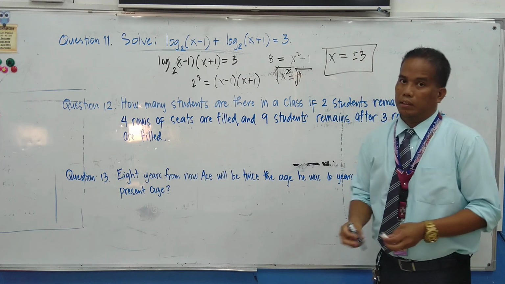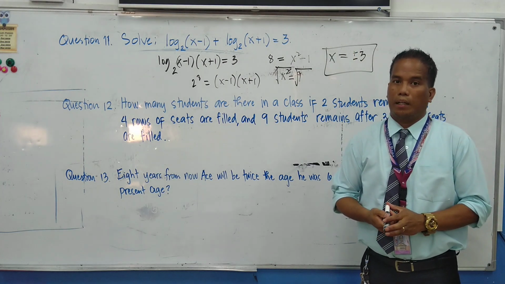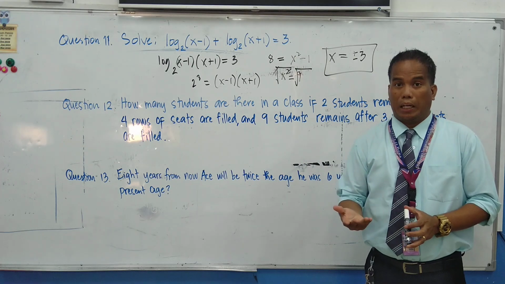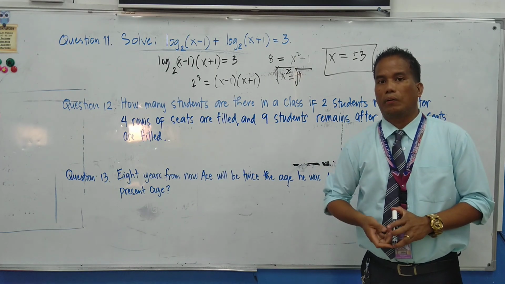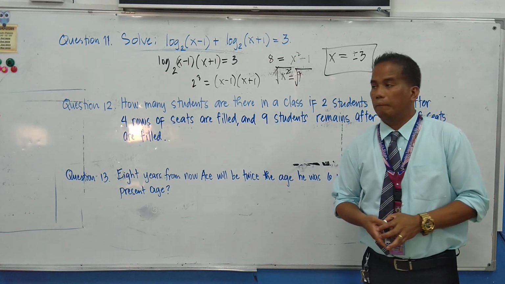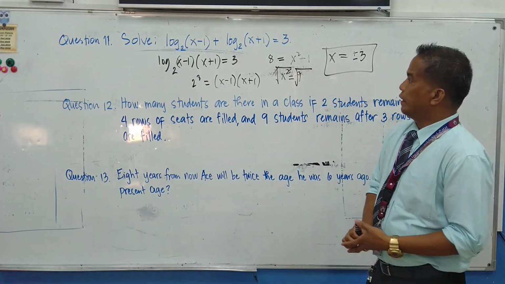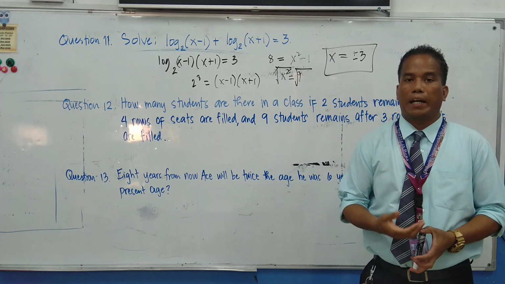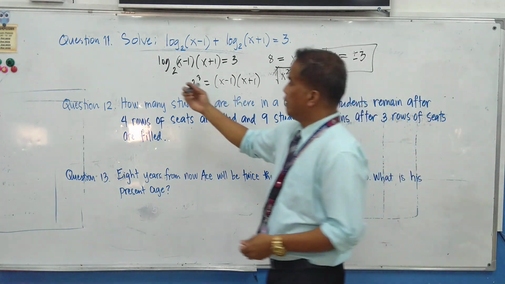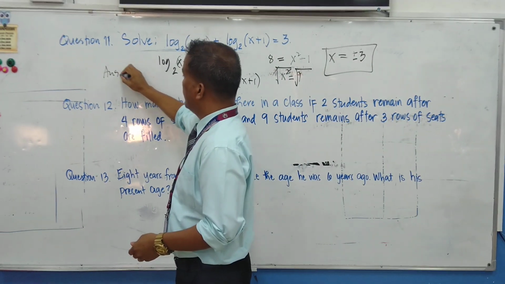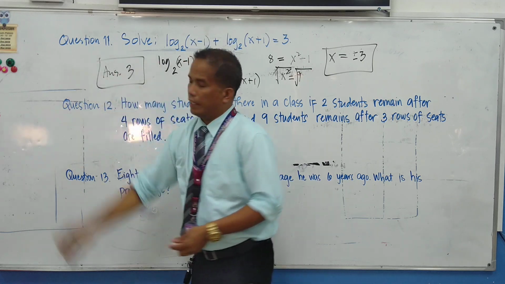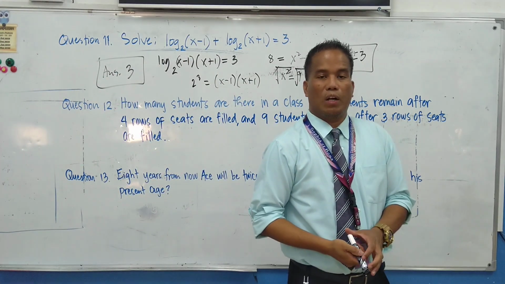So it means there are 2 values of x. One is positive 3, and the other value is negative 3. So the final answer here is x equals positive 3.